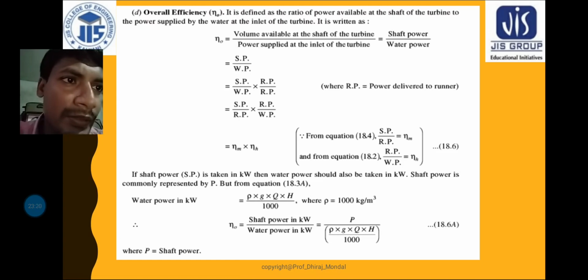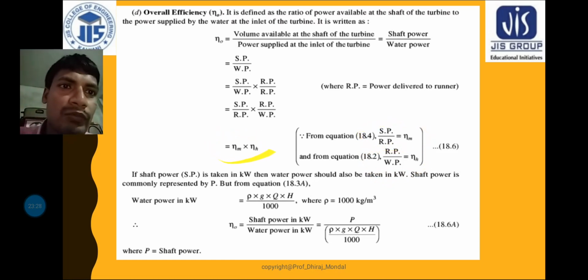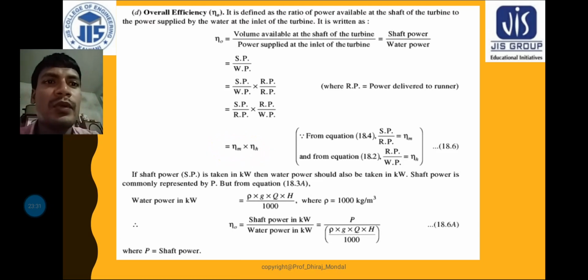So put these efficiencies as eta m and eta h. So overall efficiency is equal to mechanical efficiency into hydraulic efficiency, and it is needed when you are solving some numericals, very important from the exam point of view.